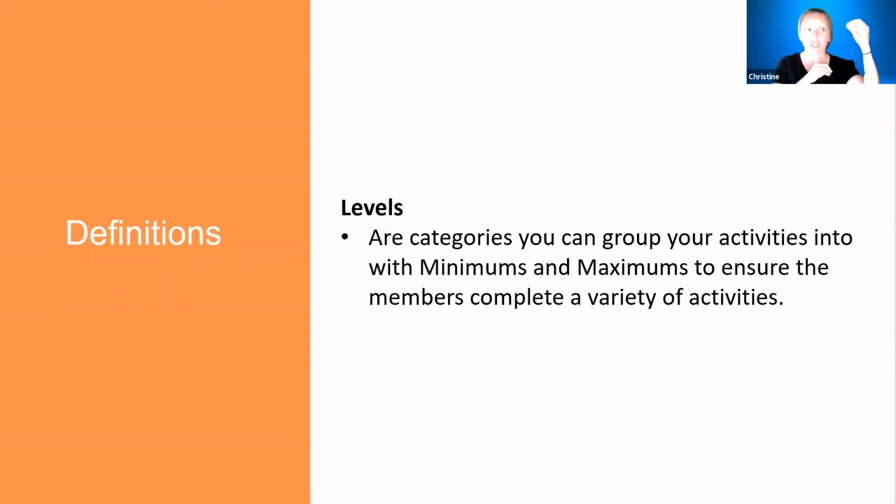You can set minimums or maximums to how many they can earn that will accumulate to their total credits earned and are eligible for being assigned to their certification or designation.